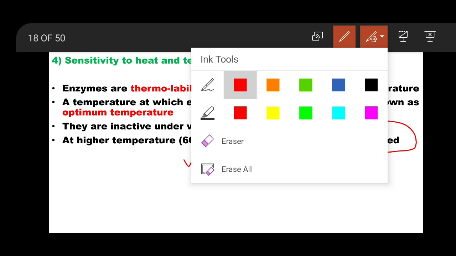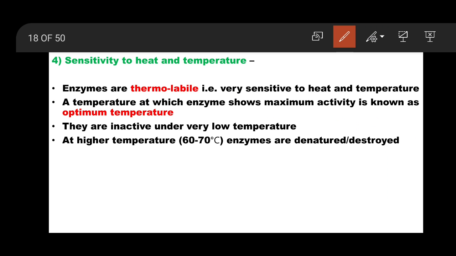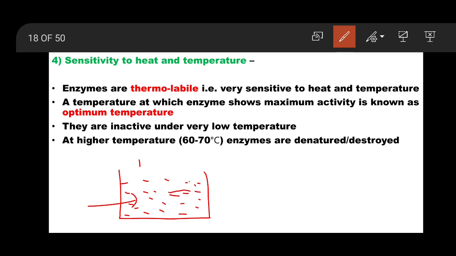Whenever you get an infection and you get fever and other types of symptoms, the doctor tells you to boil the water which you are using for drinking purposes. Doctor says please boil this for 10 minutes at least. At the time of boiling, the temperature goes to 100 degrees Celsius.